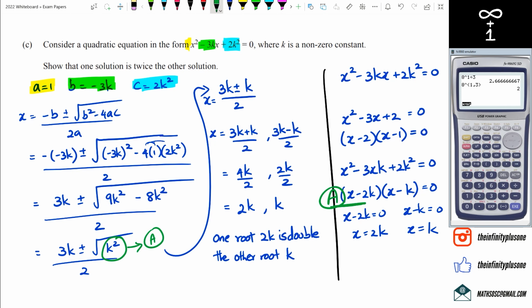Finally, for the merit, you do need the two solutions, and I would say, get into the habit of writing the statement as well of what it is that you're trying to figure out. Cool, so that's it for this question, guys. We move to the next one.